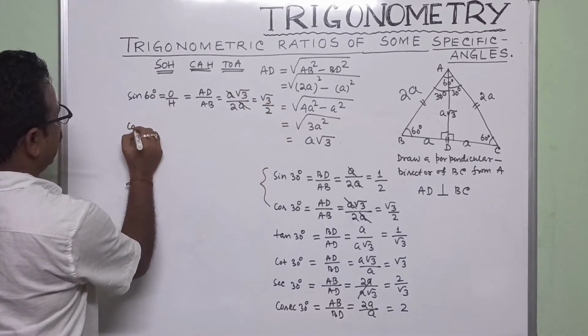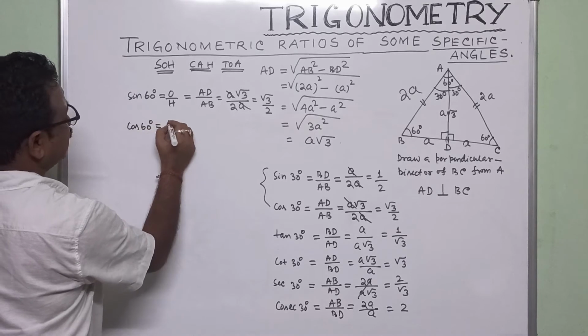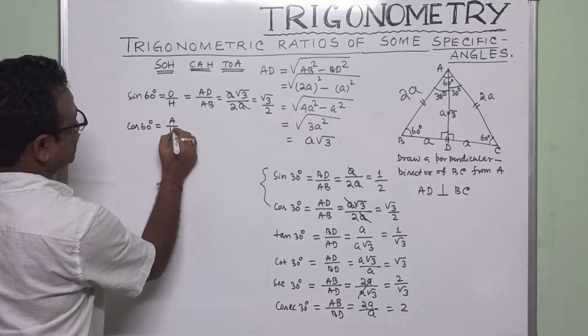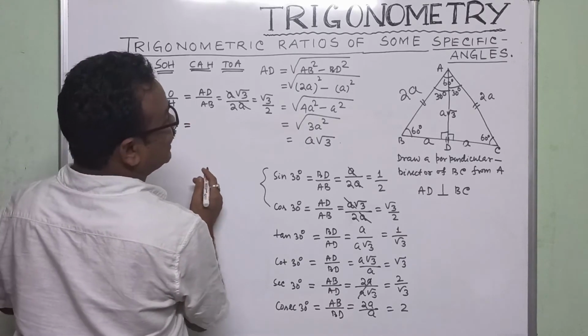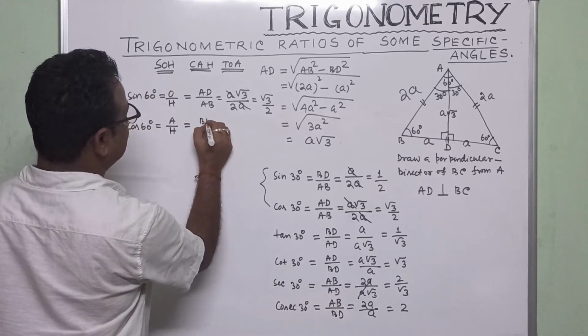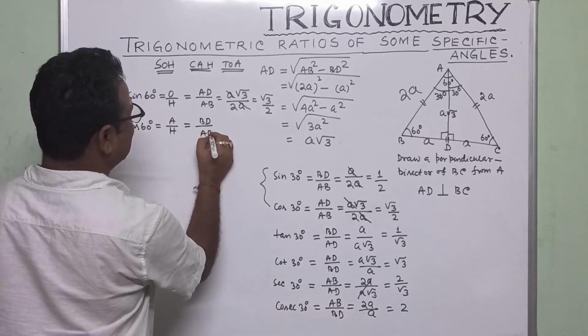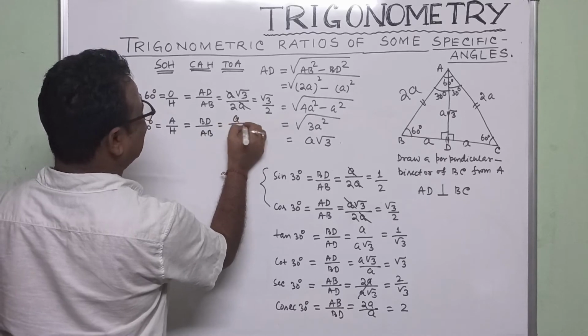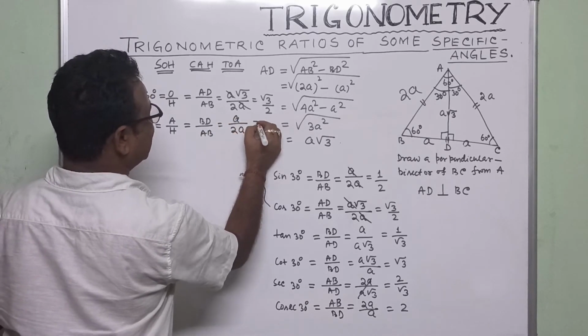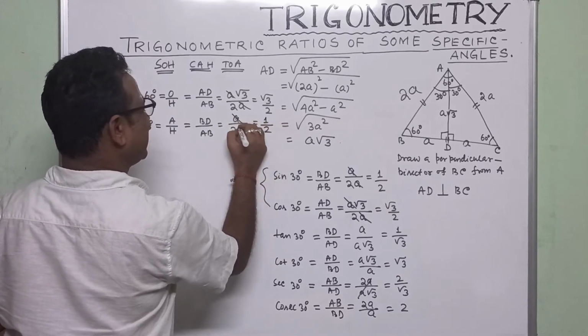Okay, now cos 60 is equal to adjacent by hypotenuse, BD by AB, is equal to A by 2A is equal to 1 by 2. A cancel.